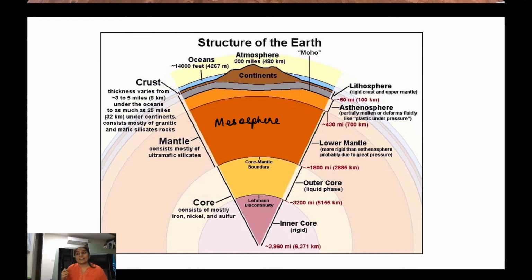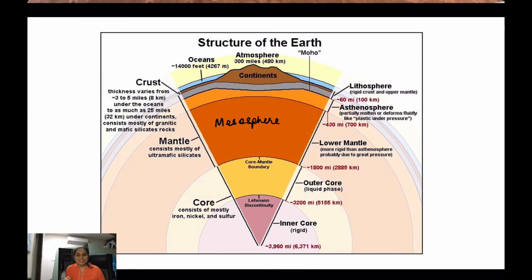And since iron has a very low melting point as compared to silica, this part of the core, the outer core rather, is going to be in the liquid state, and the inner core has the most pressure from all the sides, which is why the inner core is going to be extremely rigid.